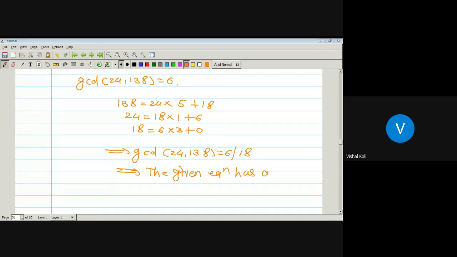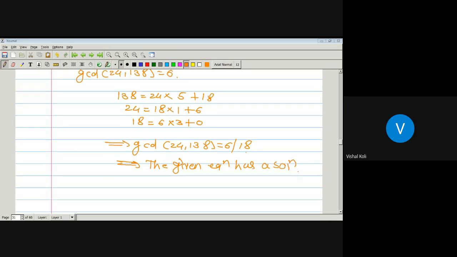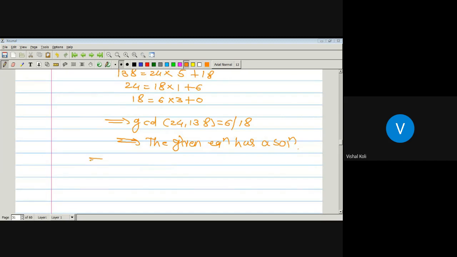But now I have to express the GCD as a linear combination of A and B. What should be 6? 6 is nothing but 24 minus 18 into 1, and 18 is 138 minus 24 into 5, which is equal to 24 minus 1 times 138 plus 5 times 24. 5 times 24 plus 1 times 24, 6 times 24 plus minus 1 times 138.